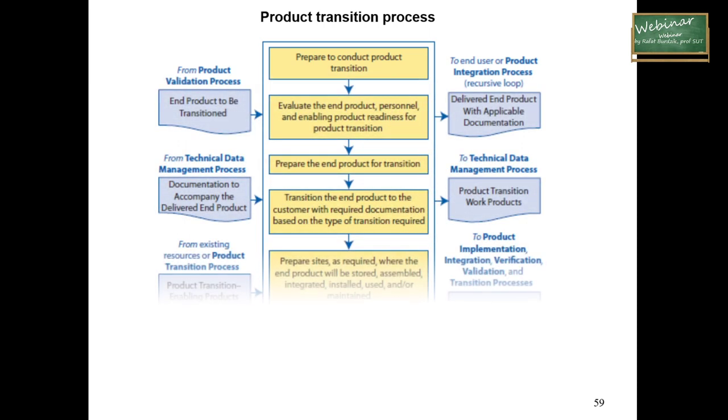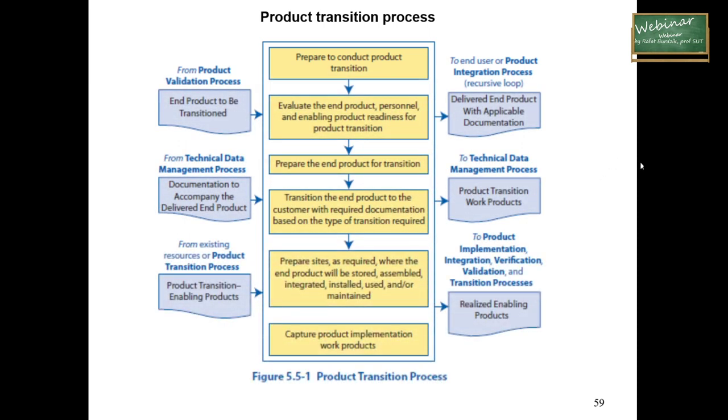The next area is the product transition process, and the process required by the SEBoK looks like this. We should start from preparation to conduct product transition. The first step is to evaluate the end product, personnel, employees, and enabling products readiness for product transitions. So what do we need at this stage?